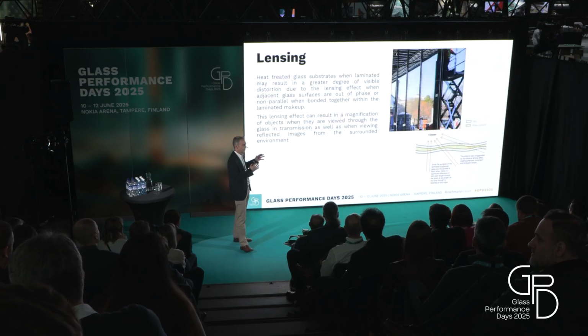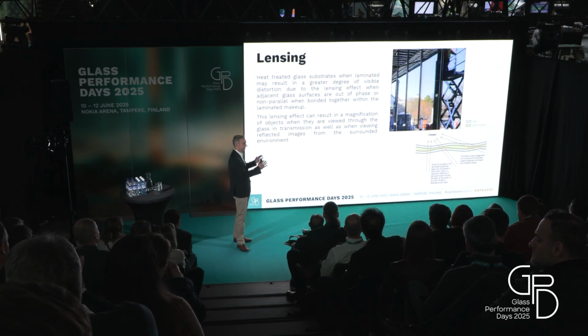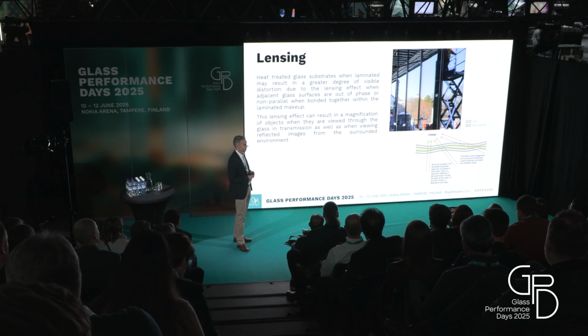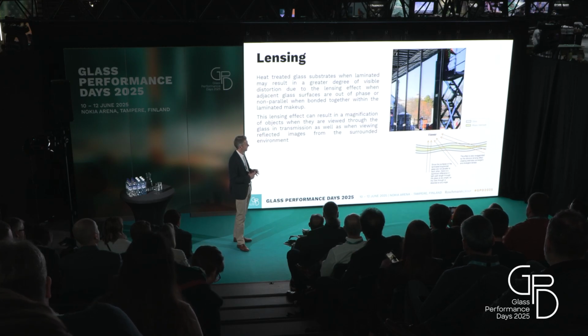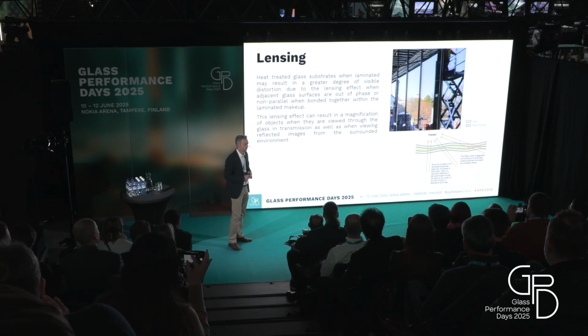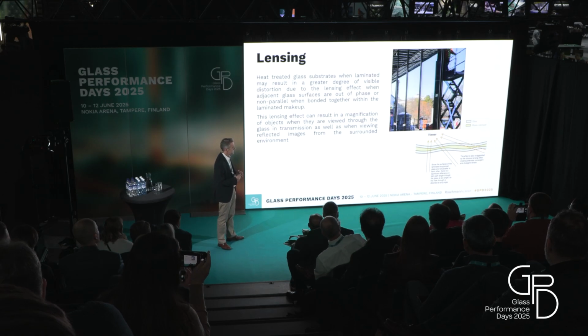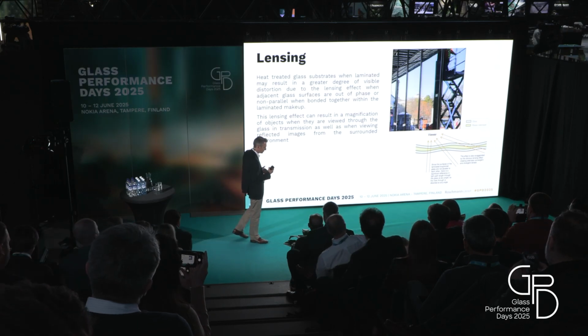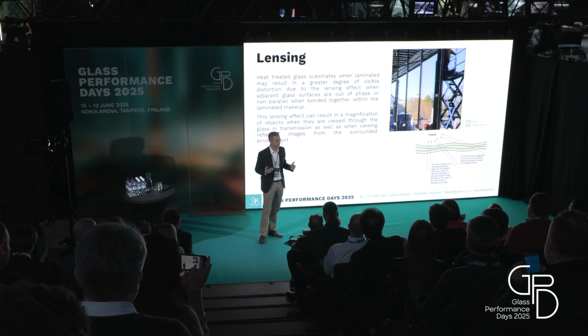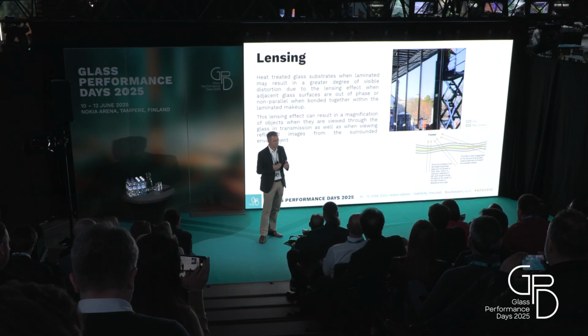So going into two different optical distortion phenomena, I would say, starting with lensing. And lensing is quite interesting because we see this all the time somehow, and it's so hard to get this under control.